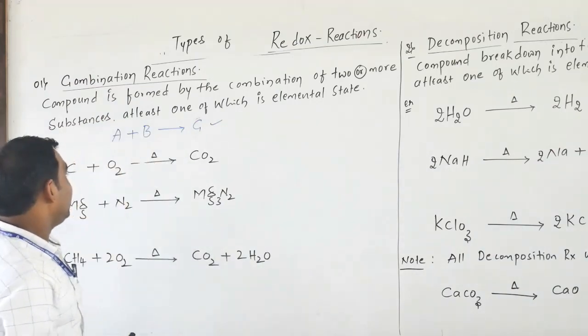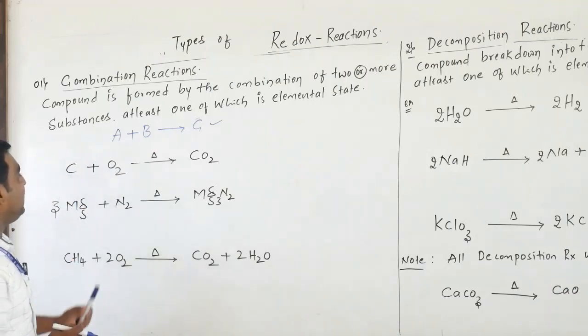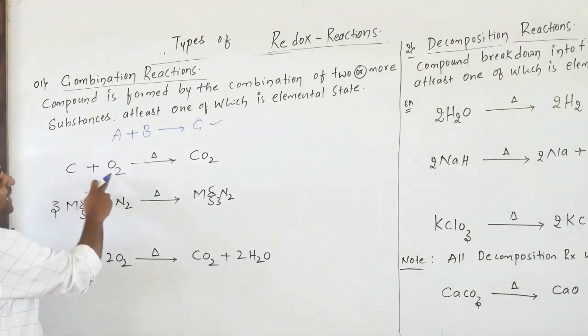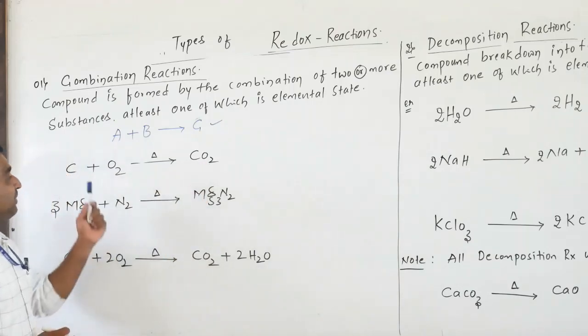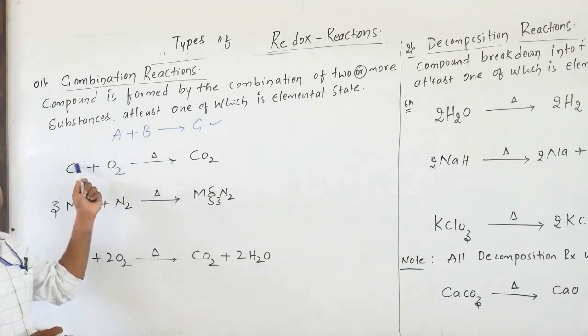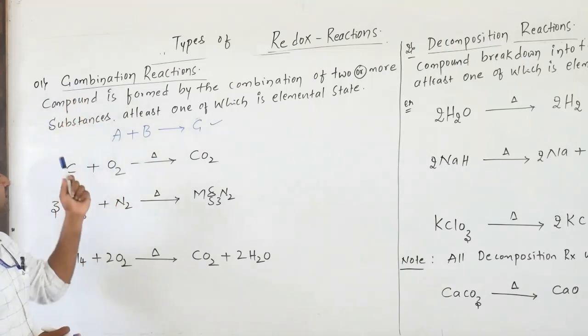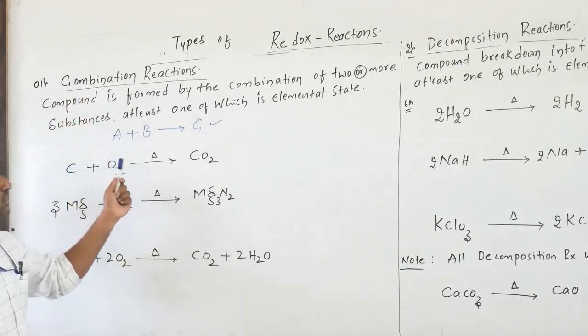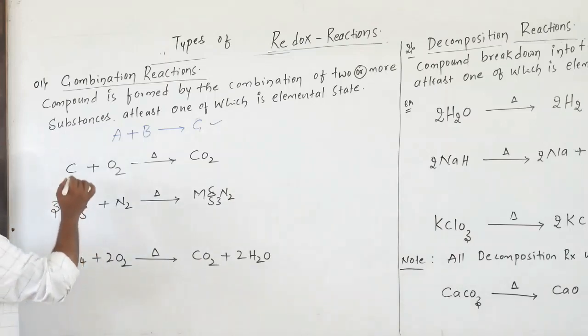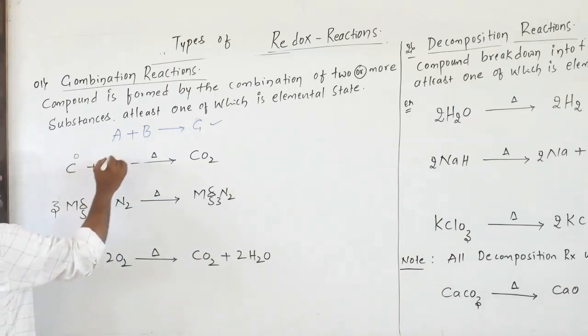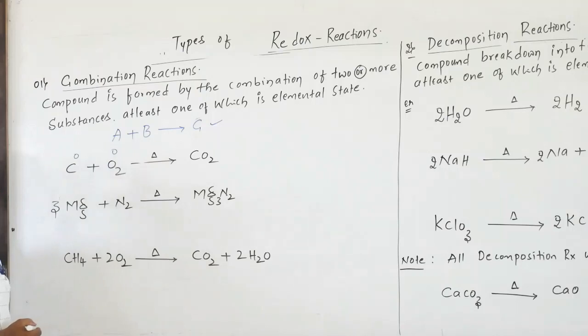Now we take a particular example: carbon combined with oxygen to form carbon dioxide. Here carbon combines with oxygen, and we call it a combination reaction. So we already know that in elemental and molecular form, the oxidation state will be zero.